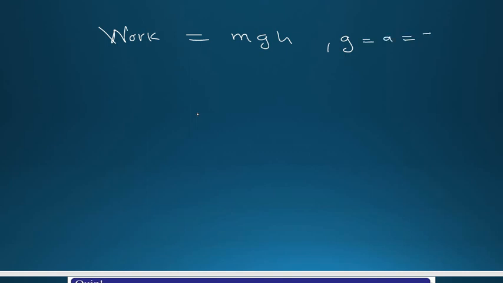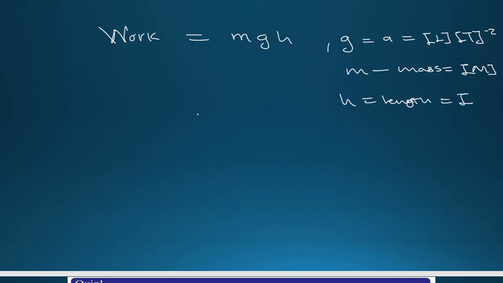So we're going to use the dimensions of acceleration, which is L T to the power negative 2. Mass, m is for mass, and we know that this is capital letter M. What else? Height is length, which is capital letter L.